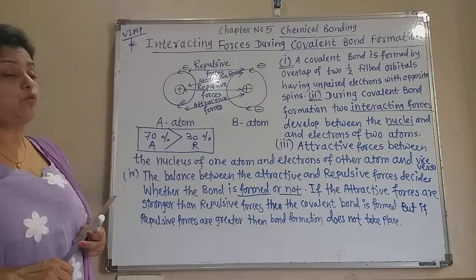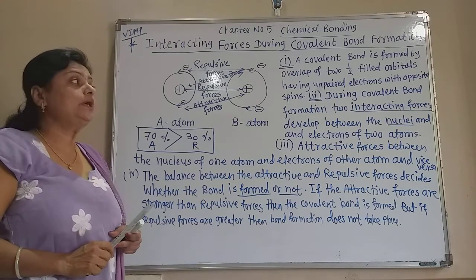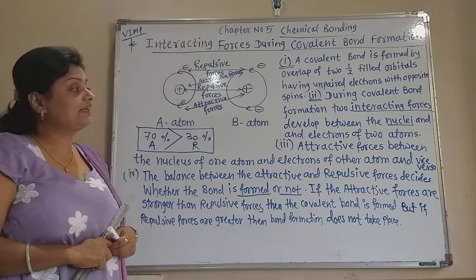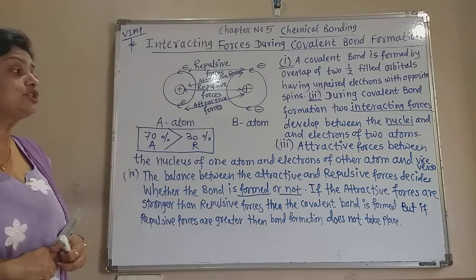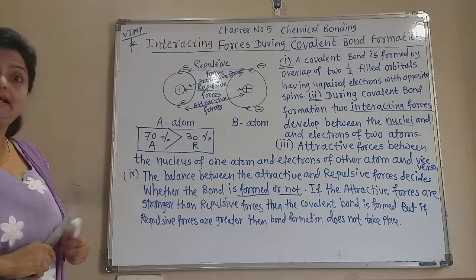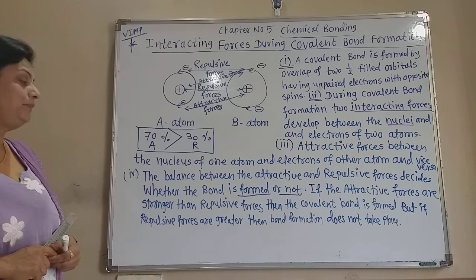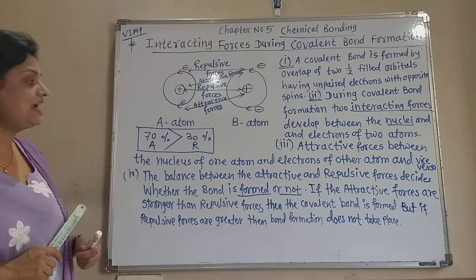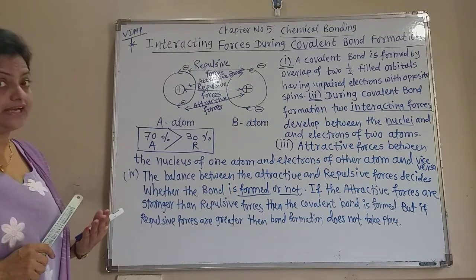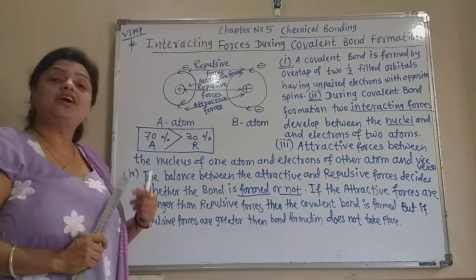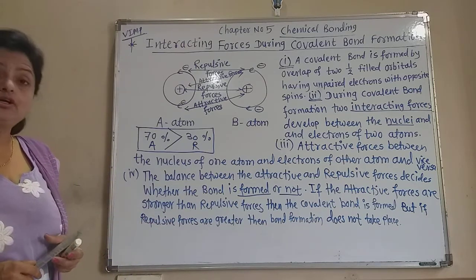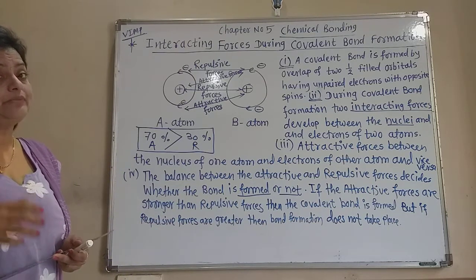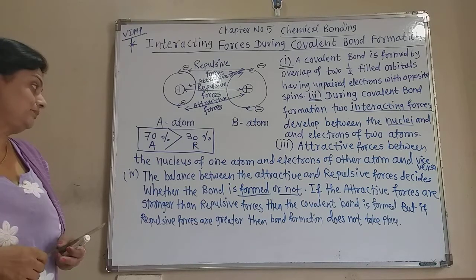During covalent bond formation, two interacting forces are developed between the nuclei and the electrons of the two atoms, that is, attractive forces between the nucleus of one atom and the electrons of the other atom, and vice versa, electrons of one atom and the nucleus of the other atom.